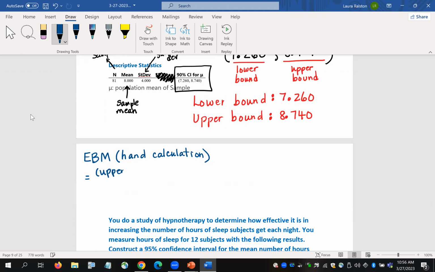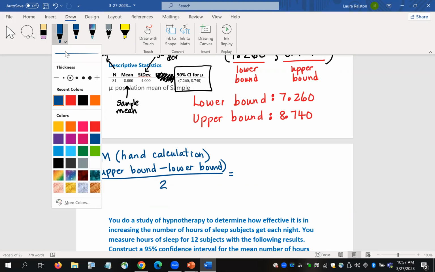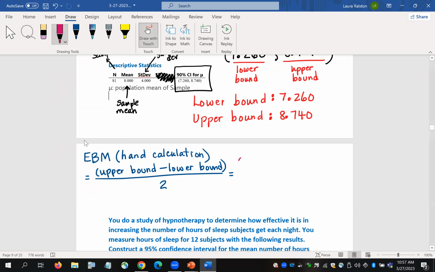It is still the upper bound minus the lower bound, all divided by 2. Again, it is simply plugging and chugging, putting the numbers into the formula. So I have 8.740 minus 7.260, all divided by 2.